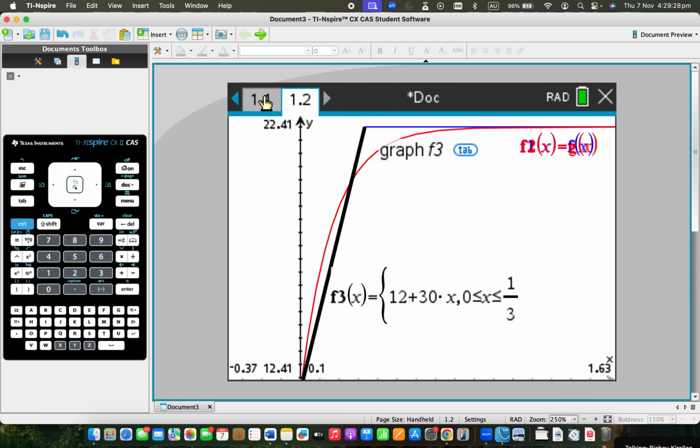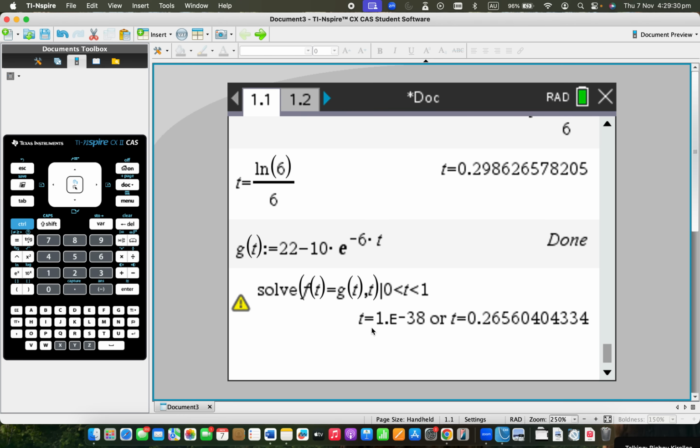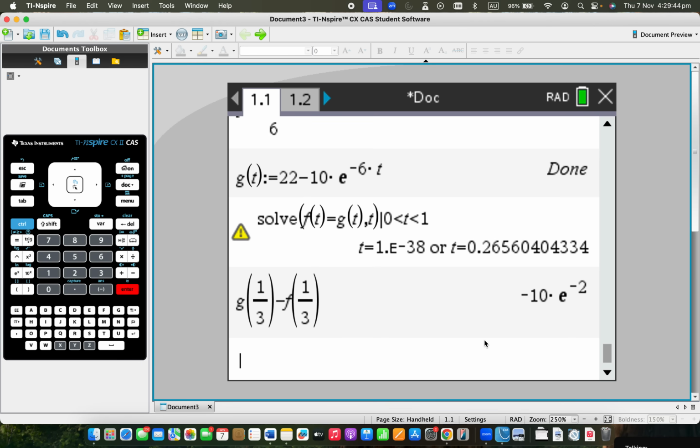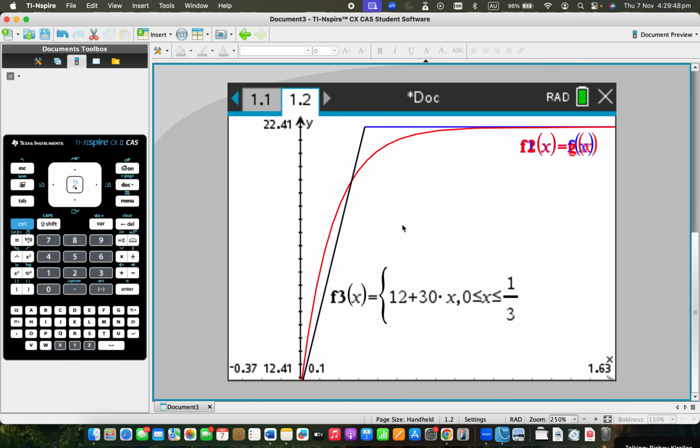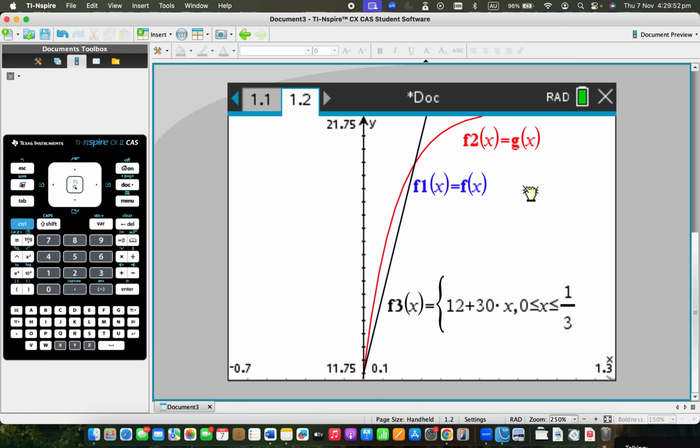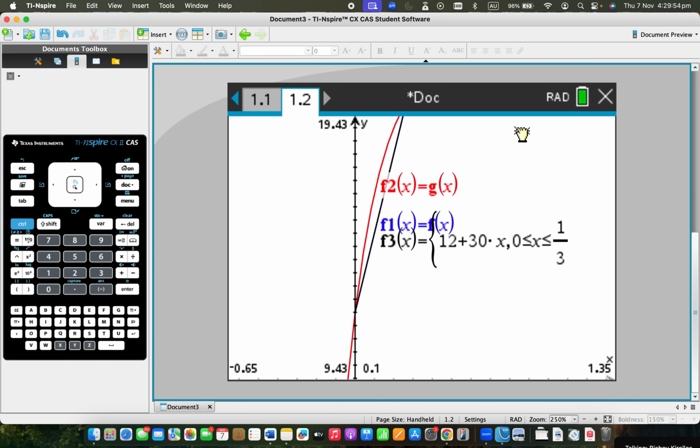And at 1/3 it's just going to be g of 1/3 minus f of 1/3. Oh wait, it wants the time and it says to 2 decimal places. I don't think if it was that value that they would ask for 2 decimal places.